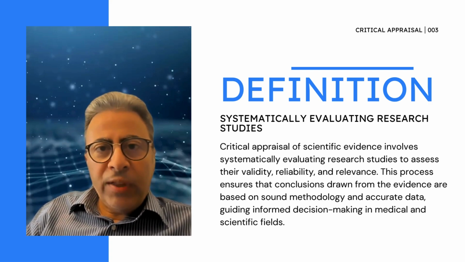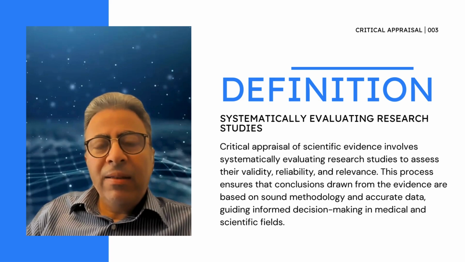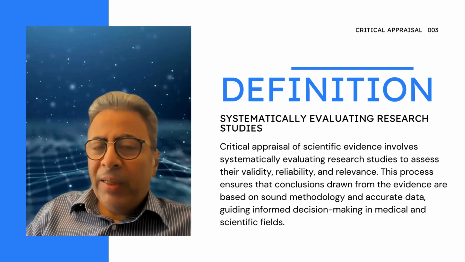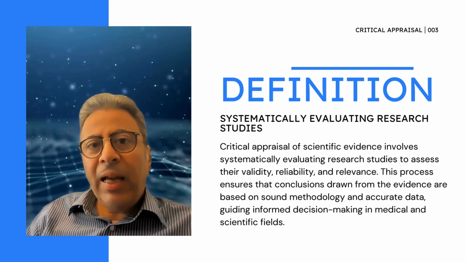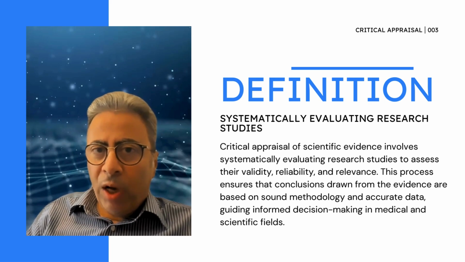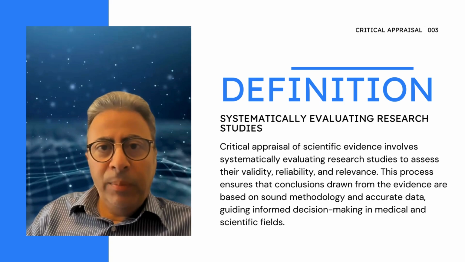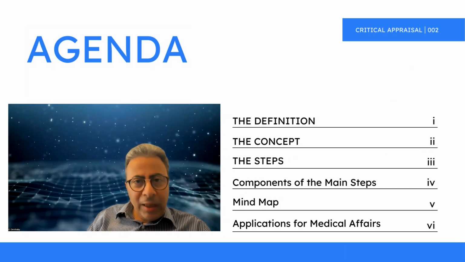Critical appraisal of scientific evidence is a process that requires us both to be evidence-based oriented and to be systematic in our approach, not to miss any important step or any important question. So in this tutorial, I will explain critical appraisal of scientific evidence, its concept, and the steps.